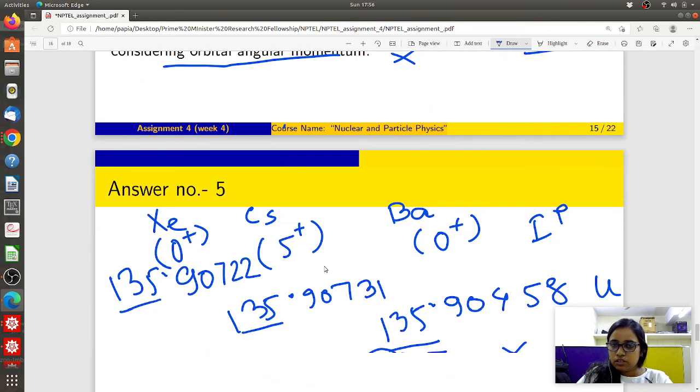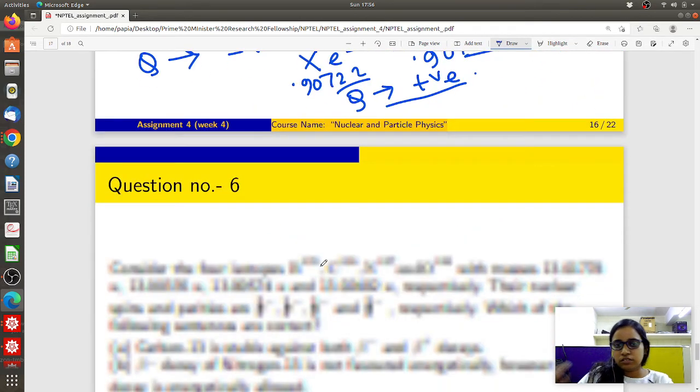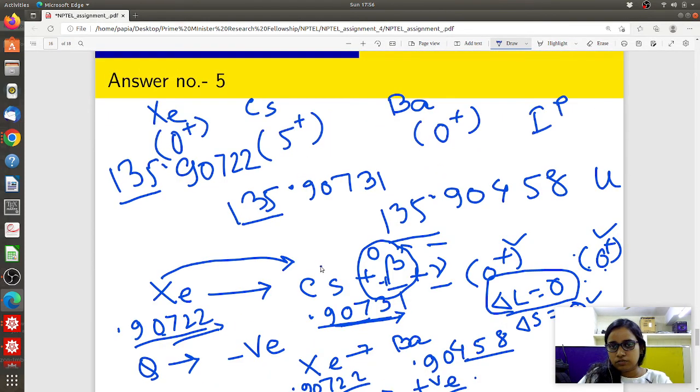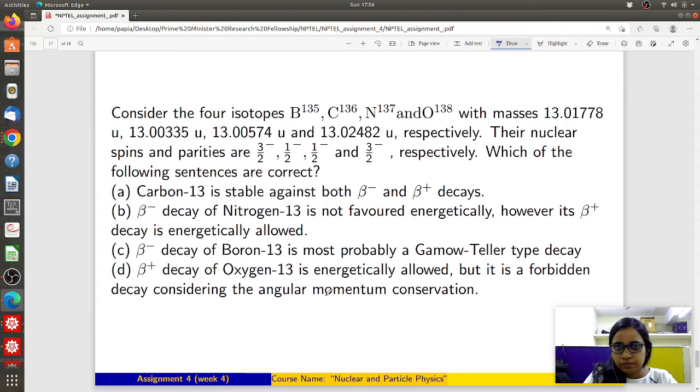Now we'll move to the last question for today's lecture. The last question is very similar to the previous one, but still we have to do it. Consider the 4 isotopes boron, carbon, nitrogen and oxygen with these masses respectively.